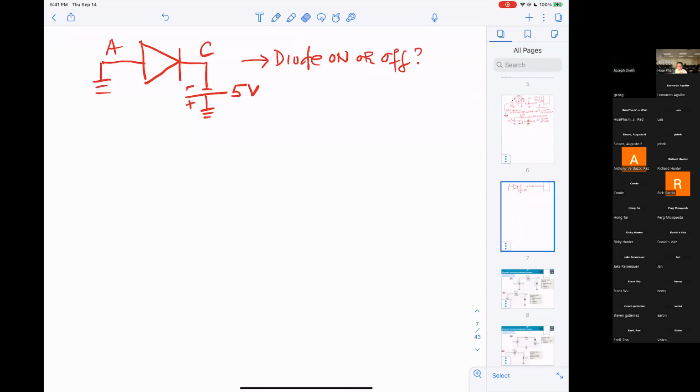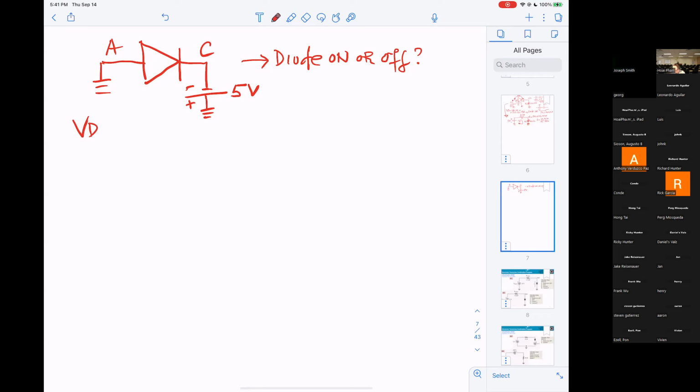Yes, just a statement only. So with diodes, we want the anode to be more positive than the cathode, correct? Perfect. Now, first thing you have to know VD.